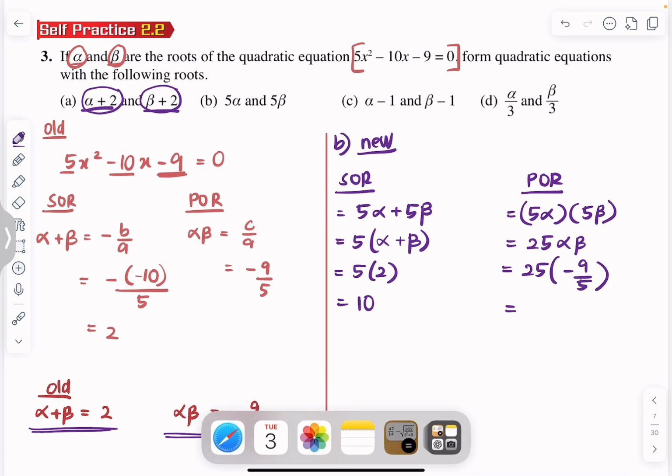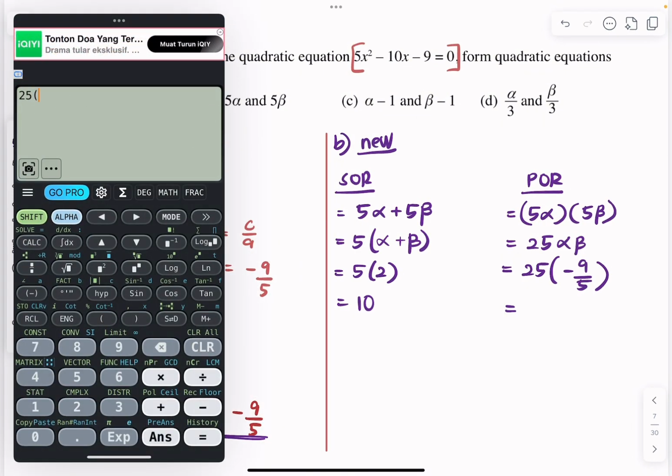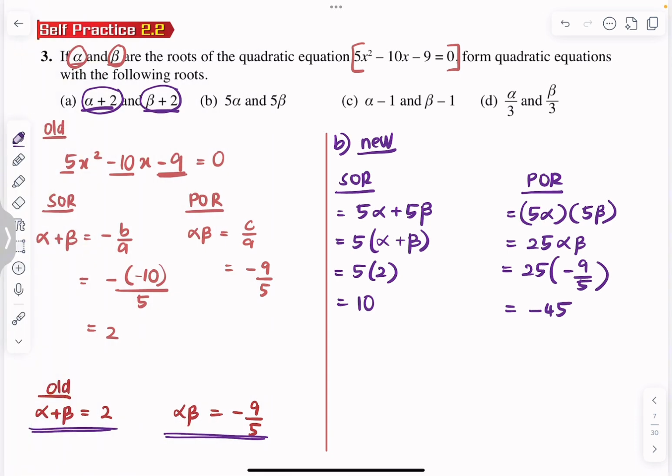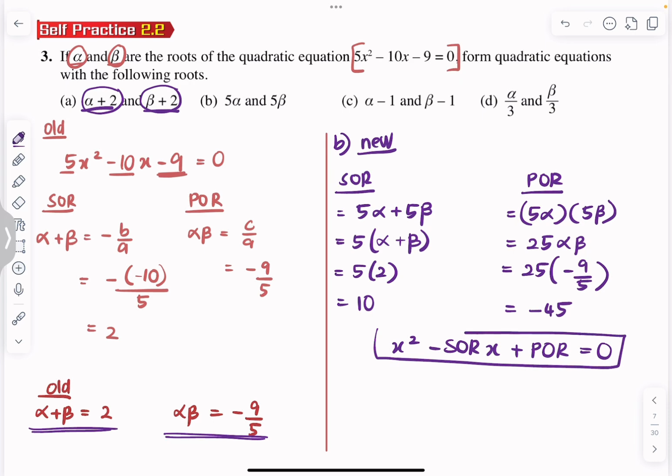So you can use your calculator if you want. 25 times negative 9 over 5 is negative 45. So then we fit it into our equation: x squared minus SOR x plus POR equals 0. So x squared minus sum of roots, which is 10, x.